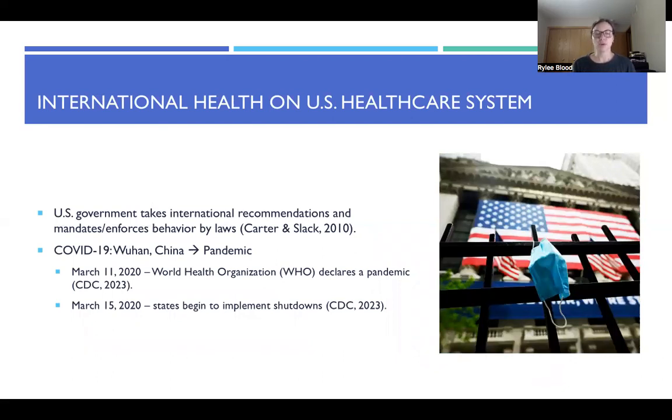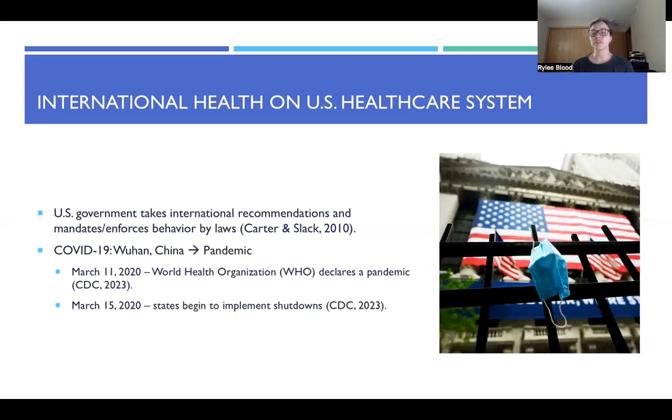So for example, the World Health Organization, or WHO, is an international organization that creates those recommendations. The US government then takes the recommendations of the WHO and creates laws within our nation that we must follow. And we voluntarily do that.